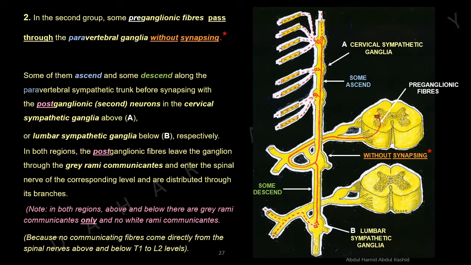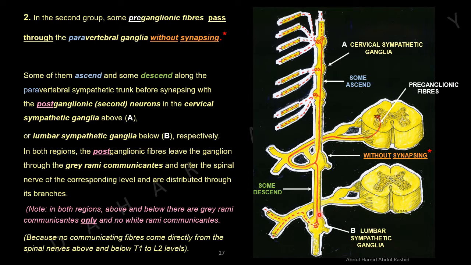In the second group, some preganglionic fibers, once they reach the paravertebral ganglia, the sympathetic ganglion, do not synapse there. Some of the fibers ascend along the sympathetic trunk to the cervical region.